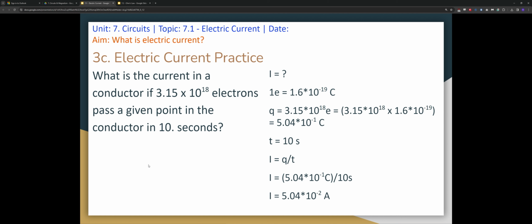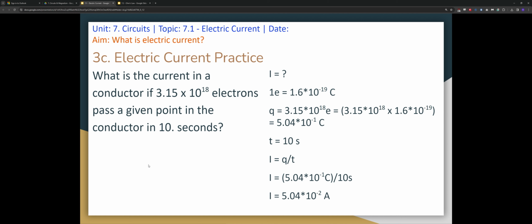We know that one electron has 1.6 times 10 to the negative 19 coulombs. So we multiply 3.15 times 10 to the 18 by 1.6 times 10 to the negative 19 coulombs, and we get our total charge, which is 5.04 times 10 to the negative 1 coulombs. Now we have time, so we're going to solve for I. We'll use the same exact formula, and then we'll get our answer.